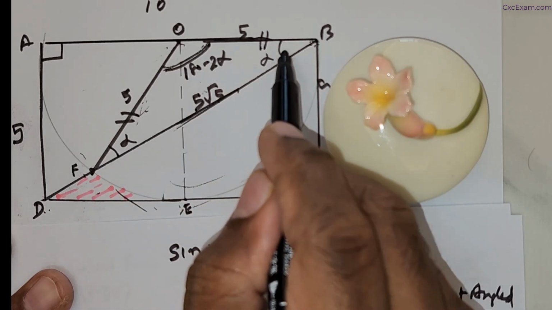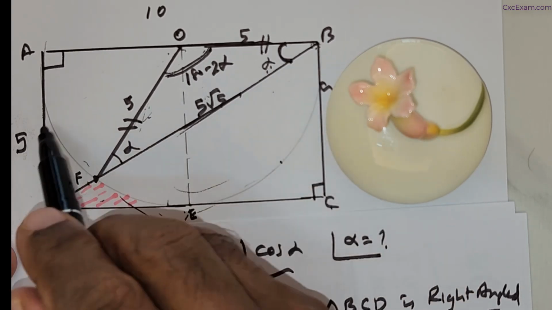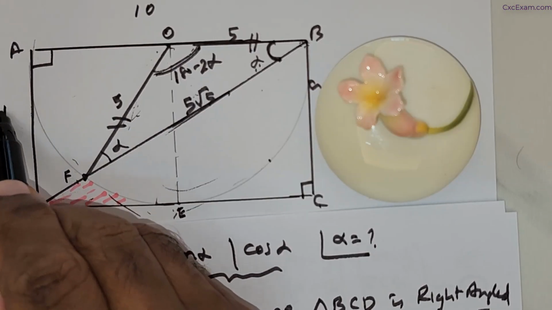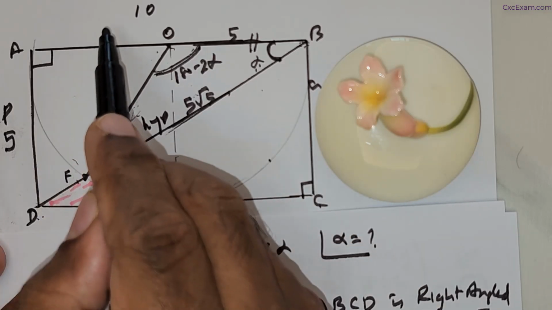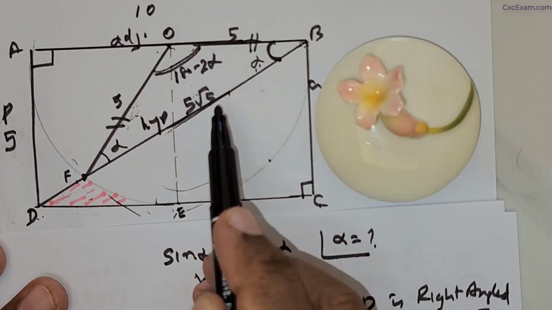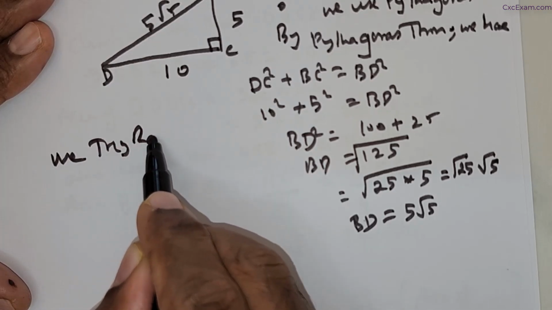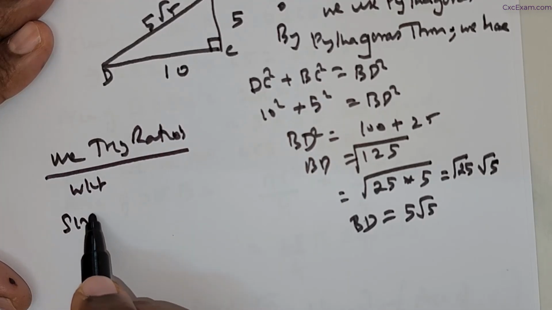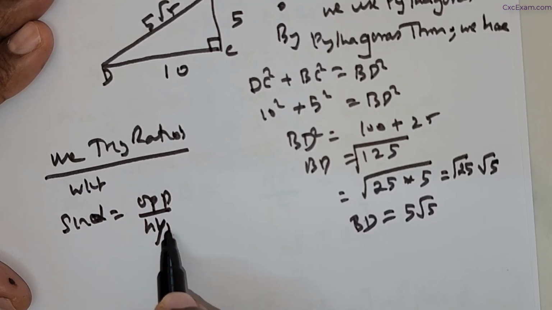Now, if we have taken this angle as alpha, the side opposite to alpha is the opposite side, this side is the hypotenuse, and this side is the adjacent side. Now what is sine alpha? Using trig ratio, sine alpha is opposite side by hypotenuse.